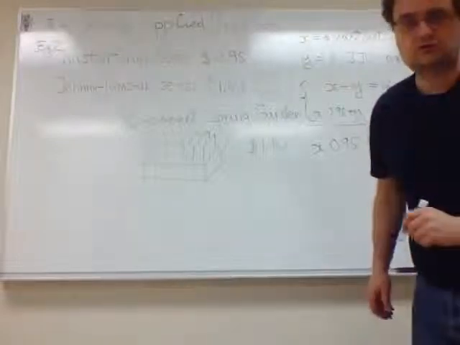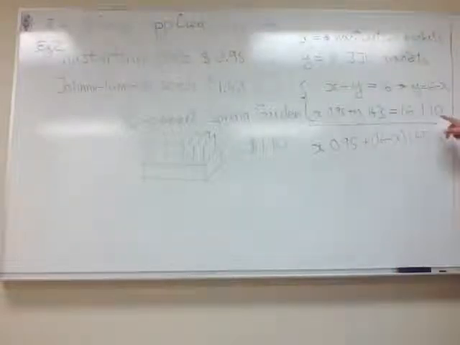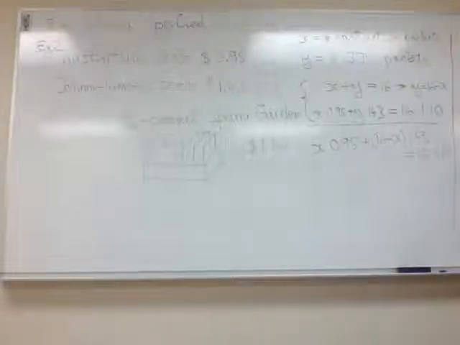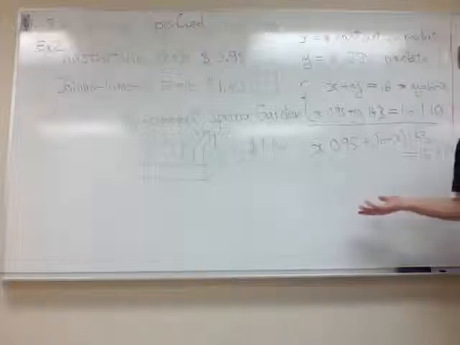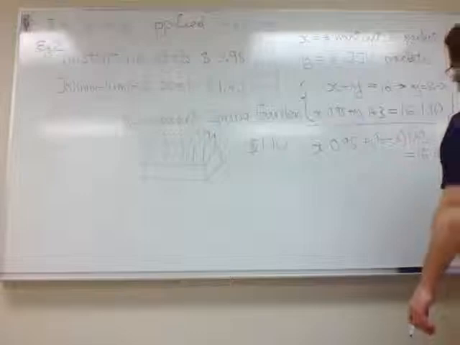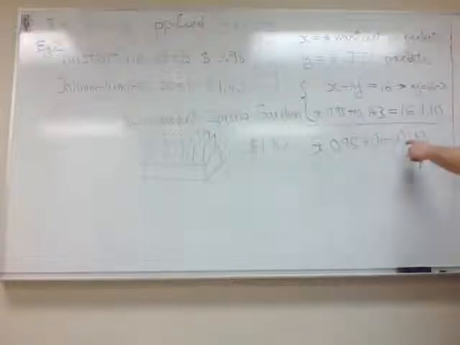That should be equal to this thing here, 16 times 1.10. Now we just need to solve for x. To solve for x, we want to have only x's on the left and everything else on the right.